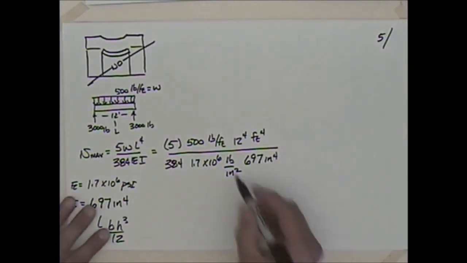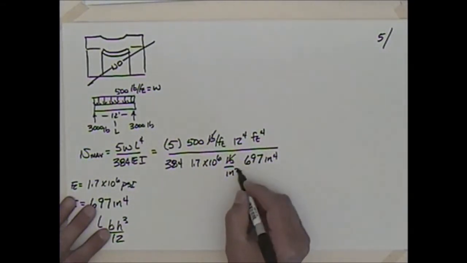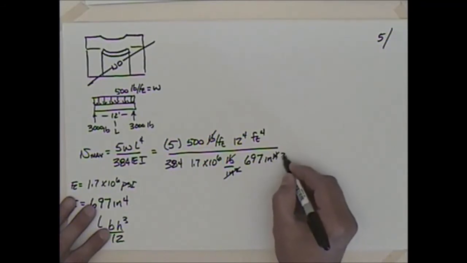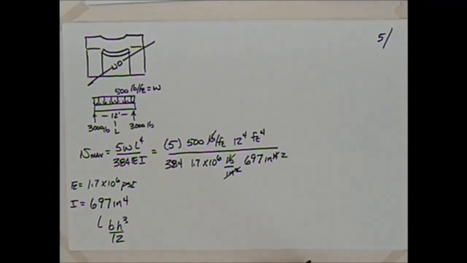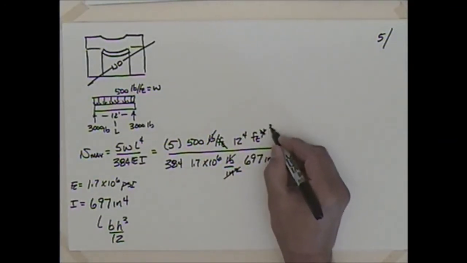So as I go through this, I get to cancel that pound and that pound. And then I get to cancel inches squared there with a couple of those. And then I get to cancel one of these with one of those. So I'm left with that.